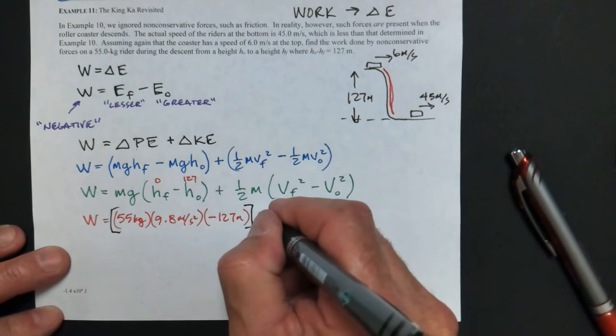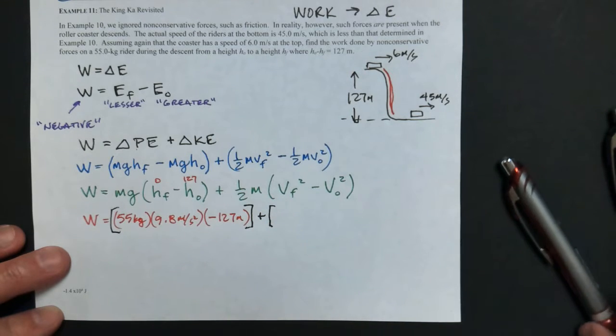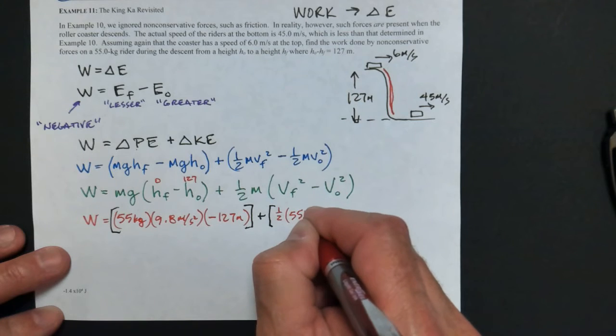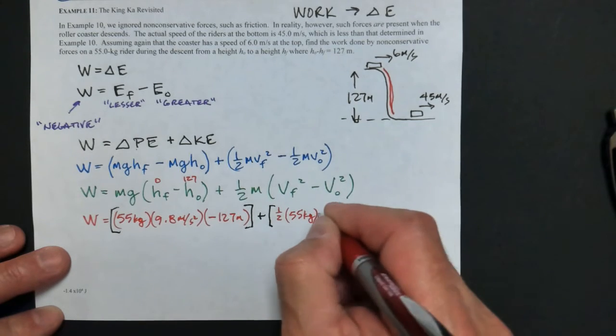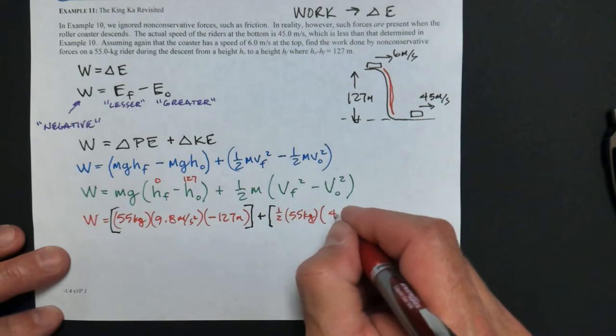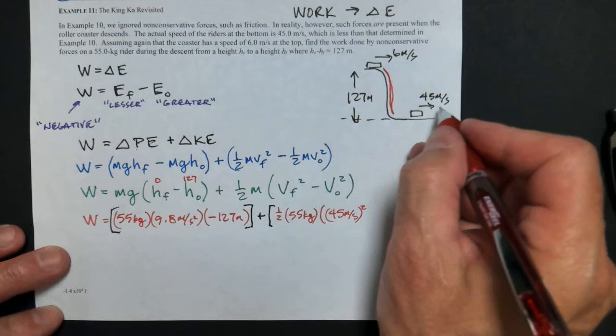And we're going to add that to the next bracket, which is going to be 1/2 times 55 kilograms times parentheses 45 meters per second squared, because that's what it's doing at the bottom.